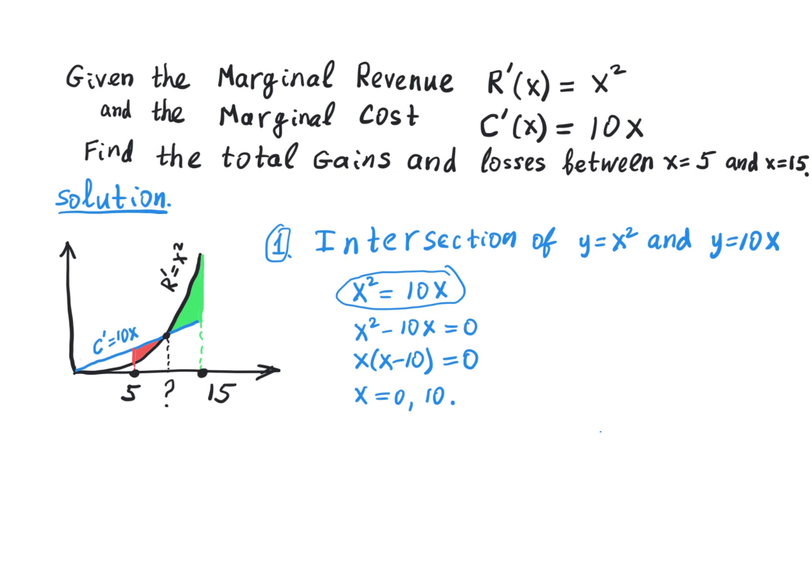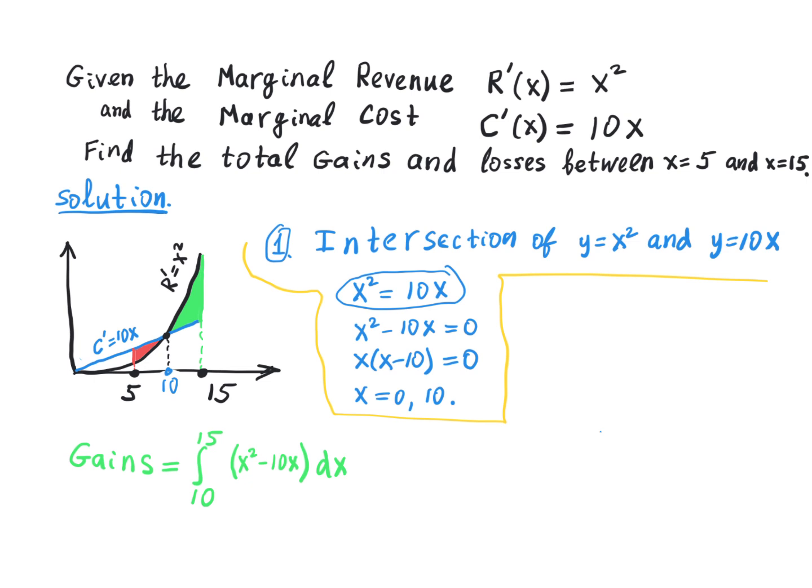So we have x squared minus 10x equal to 0. And we factor this. So we get x equals 0 or x equals 10. So now we know that the intersection point is x equals 10. So now we are ready to compute the gains.